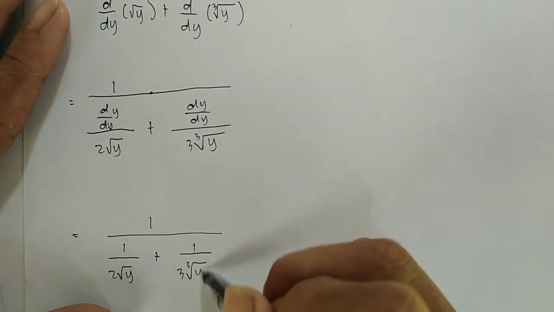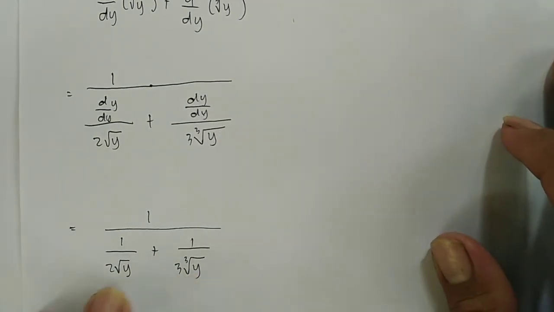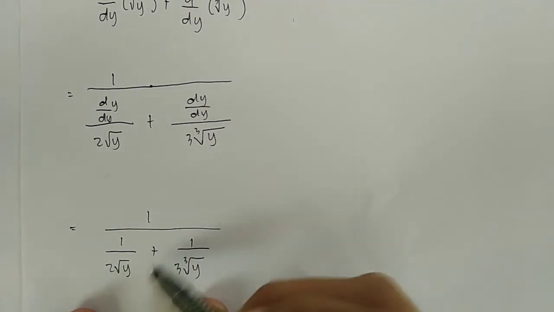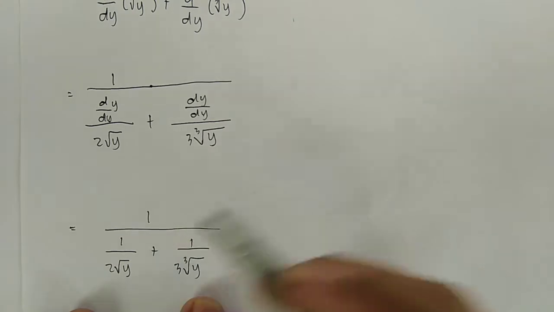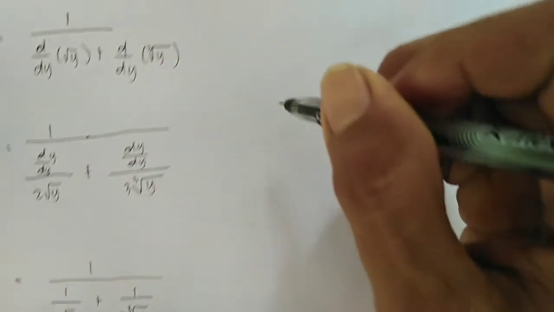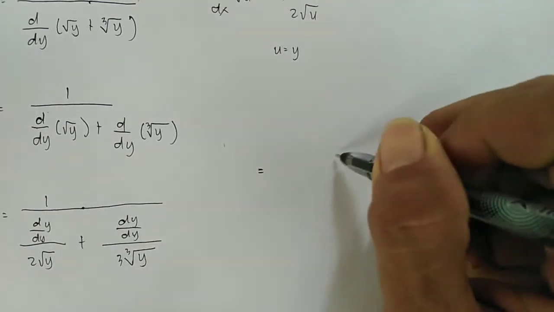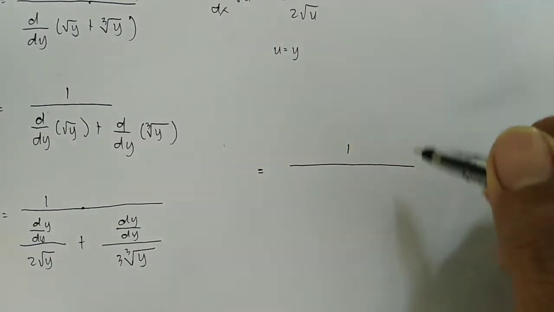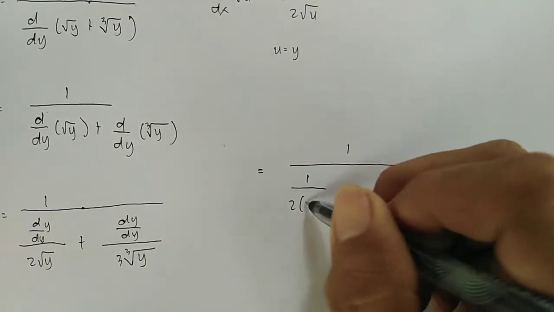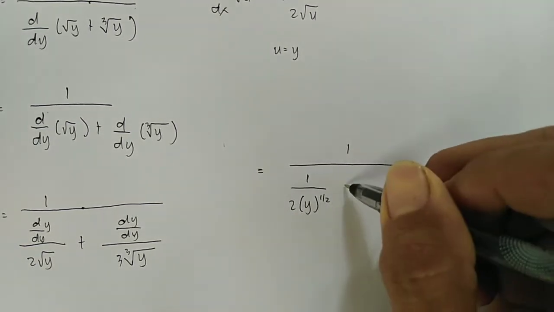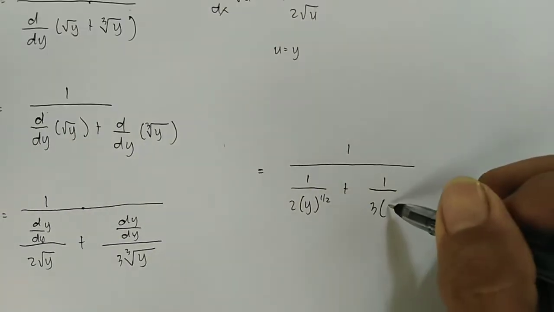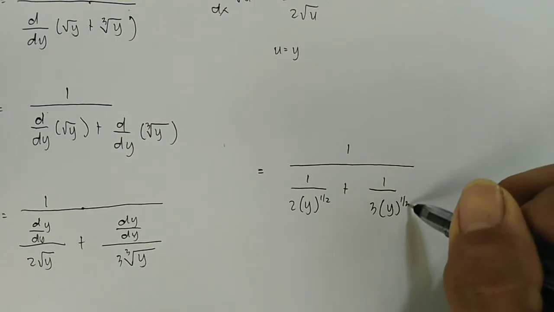Para ma-simplify natin to, kailangan natin kunin yung exponential form ng radical symbol, or yung radical form ng expression. So, dito lipat natin yan. Is equal to 1 all over 1 over 2y to the 1/2 plus 1 over 3 times the quantity of y to the power of 1/3.